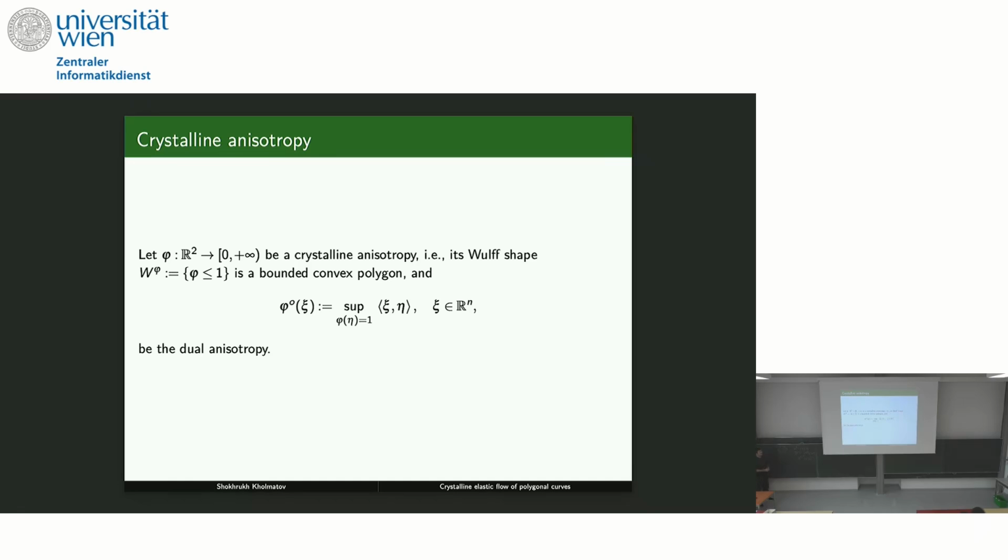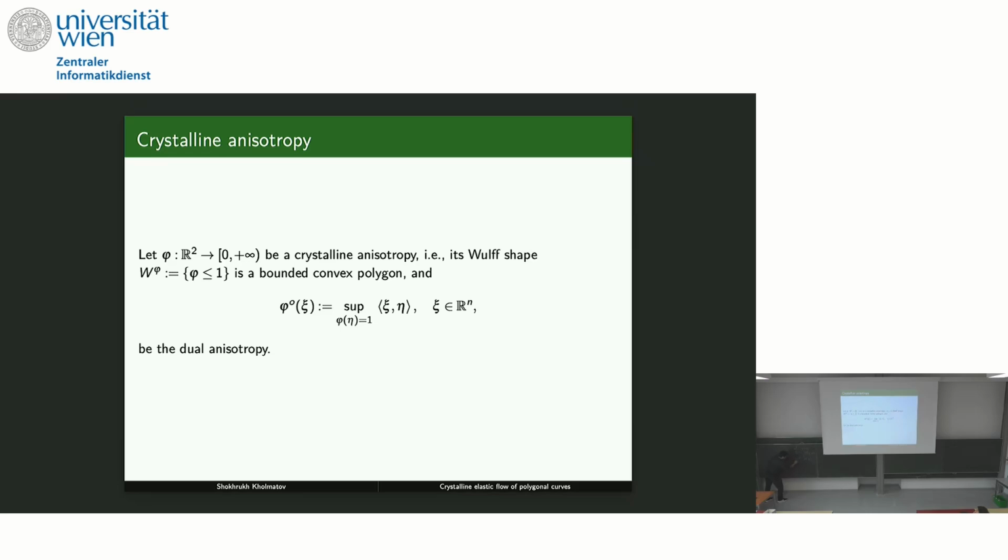When phi is smooth, let's say phi is Euclidean, the curvature enters as the first variation of the perimeter. When I slightly perturb my curve and differentiate, I end up with the curvature times nu. The same happens when I use anisotropy.